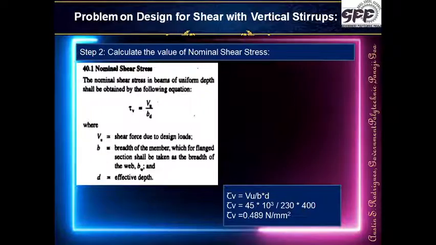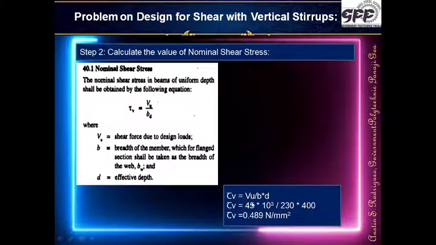When we refer page number 72 or clause 40.1, we find this: the nominal shear stress in beams of uniform depth shall be obtained by the following equation: tau V is equal to VU upon BD. As mentioned earlier, this is B into D over here, where B is the effective width, D is the effective depth, and this is the ultimate shear force.